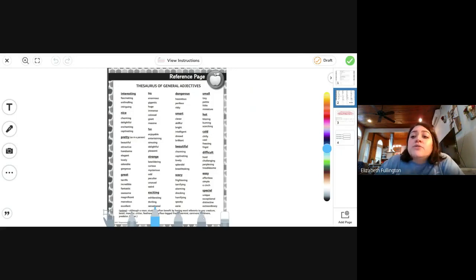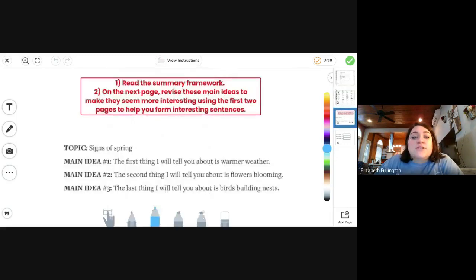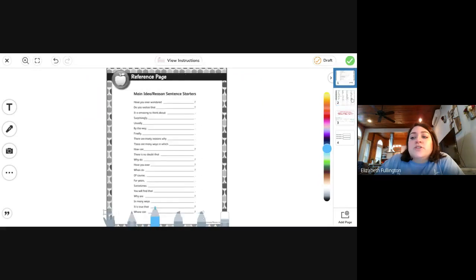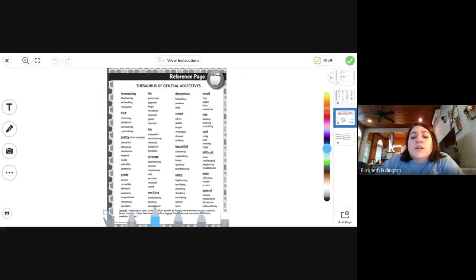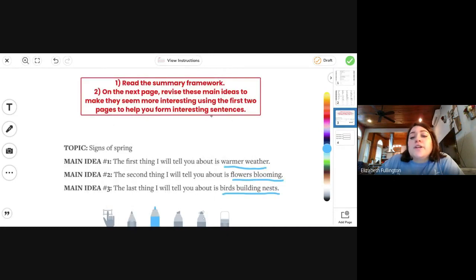Okay, so you're going to revise these 3 sentences right here. So it says 1, read the summary framework. Well, we already read it. 2, on the next page, revise the main idea. So you're going to create different sentences with the words warmer weather, flowers blooming, and birds building nests. And it says here, use the first 2 pages. So these first 2 pages, Miss Fullington said to use to help you form interesting sentences.